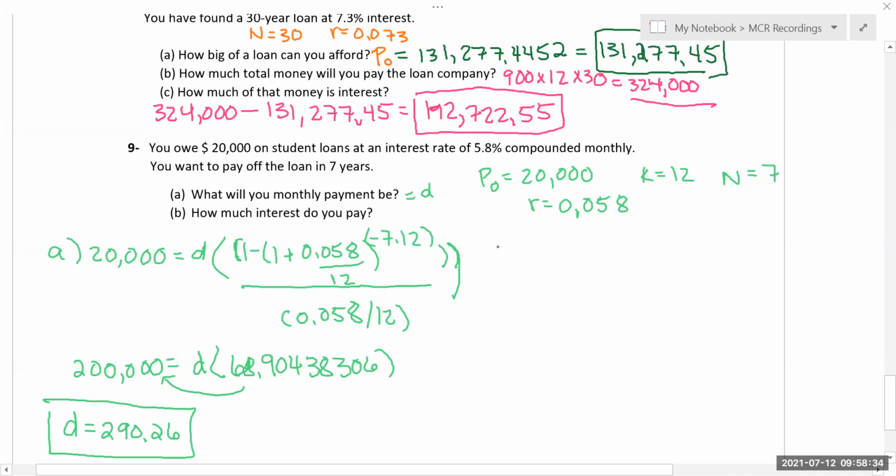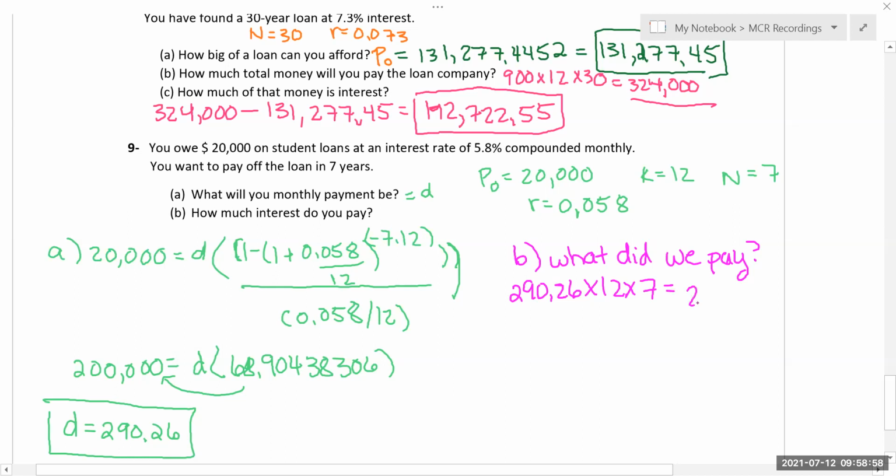B then says, how much interest do you pay? Well, for B, that means that we need to know how much we did pay. So what did we pay? And then we'll subtract the 20,000 from that. So we paid $290.26 for 12 months, a year, for 7 years.